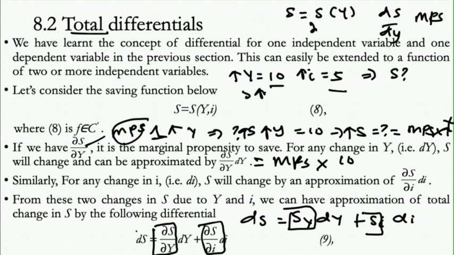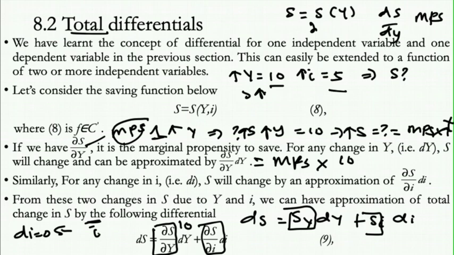Can we change this total differential into a differential? Obviously, yes. If we hold the interest rate constant, say income increases by 10 but the interest rate is constant, that means DI is 0, isn't it? DI refers to the change in interest rate, could be an increase by 5%, a decrease by 3%.